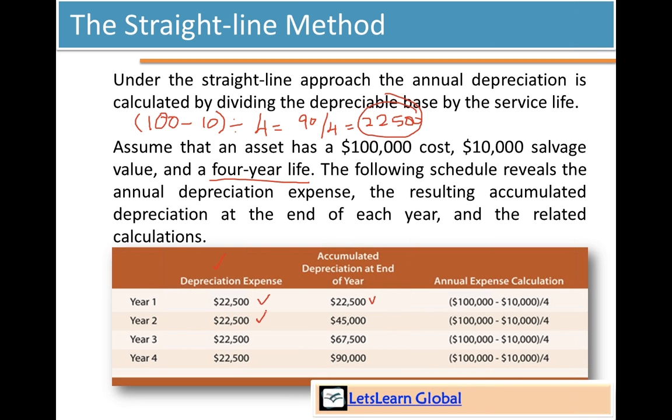Second year again 22,500. But with the last year's 22,500, the current year's 22,500 will become 45,000. So you will have 100,000 minus 45,000, 55,000 carrying value here. Then another 22,500 will give you 67,500.